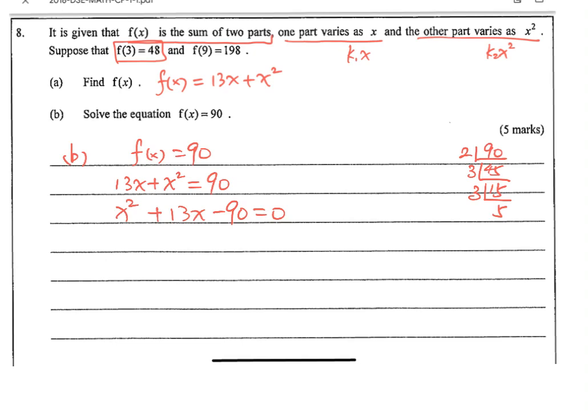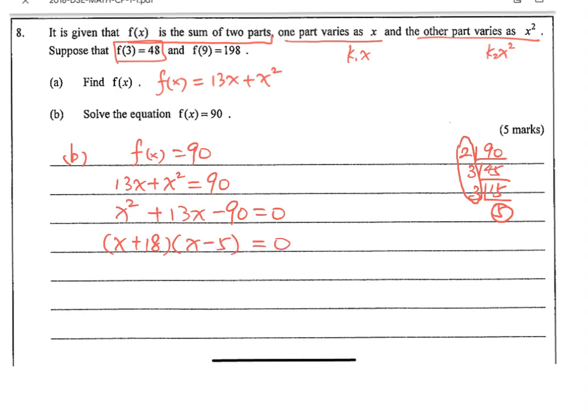So we have 2 times 3 times 3 gives you 18. 18 and 5, the difference should be 13. Okay, so we get (x plus 18) times (x minus 5).